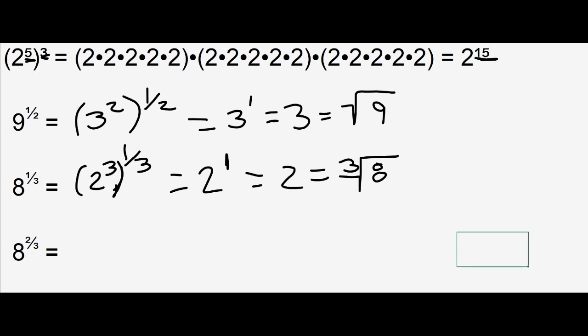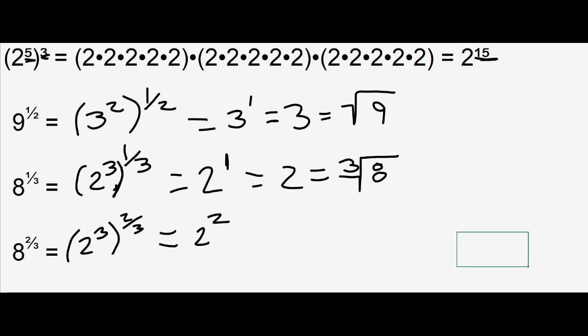If I look at, just in general, what a fraction means, 8 to the 2/3, again, I'm going to call that 2 to the 3rd power, raise it to the 2/3 power, and that's actually like 2 squared.